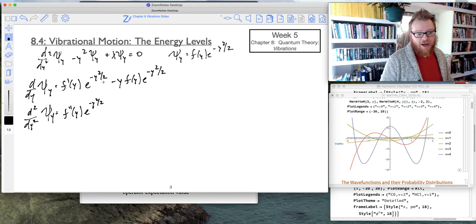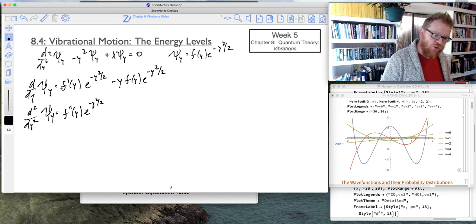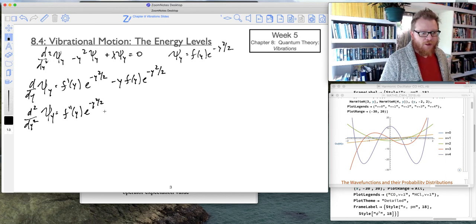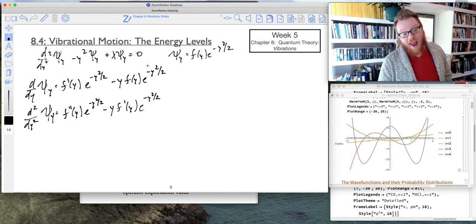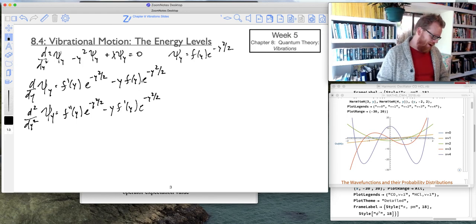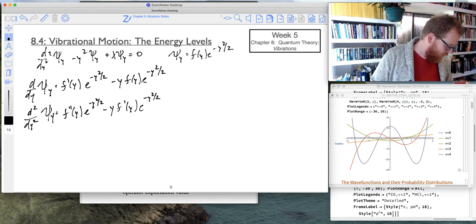And then now I've got to do the derivative of the exponential, which is going to be negative 2y divided by 2, or just negative y. So that's going to become negative y times f prime of y times e to the negative y squared divided by 2. Okay, now I've got to do the derivative of that second term.